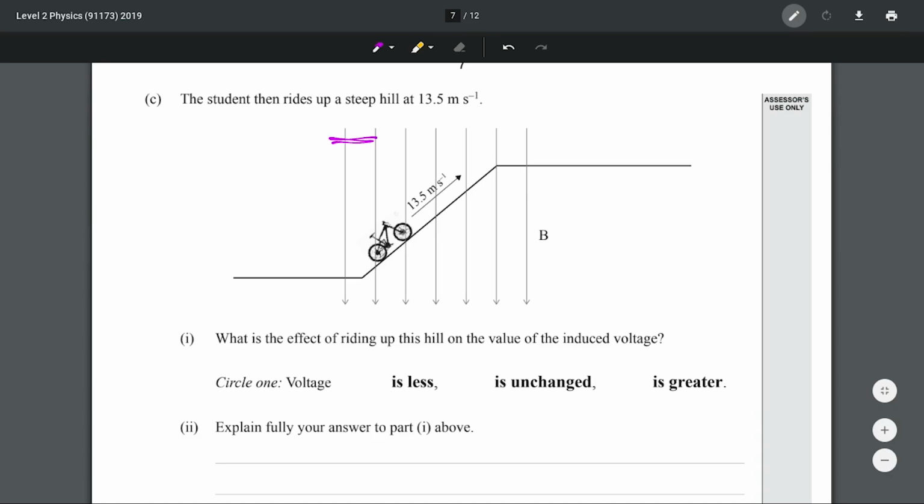The more you become parallel to the field, basically when you are directly parallel, the effect goes to zero. So you find your maximum effect when you are perpendicular to the field lines, cutting across them in the most efficient way possible. And when you're completely parallel, you get no effect at all.